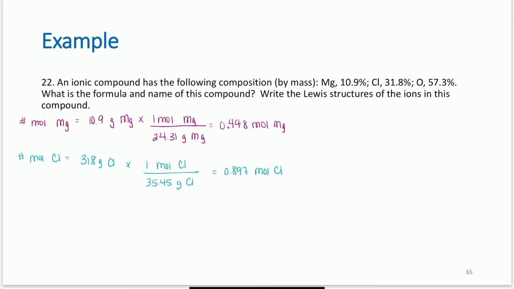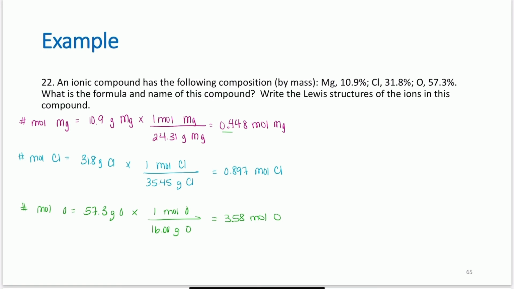And number of moles of oxygen, 57.3 grams of oxygen. 1 mole of O to 16 grams of O. People mess this up a lot. You only use 32 if you're dealing with the diatomic. When you're talking about just oxygen, it is 16. 3.58 moles of oxygen.